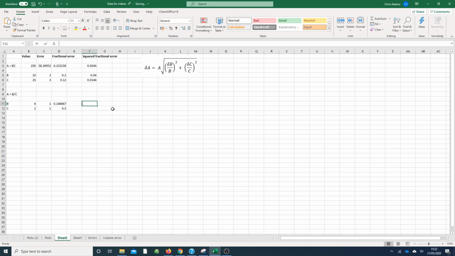And then if I square those, I get those values there for the squared fractional errors. And this means that the squared fractional error in A is simply the sum of those two numbers.